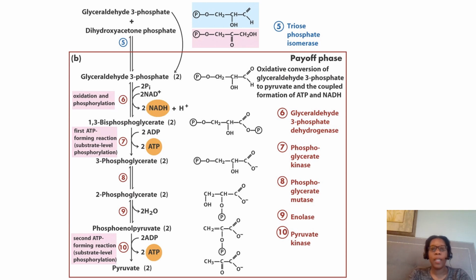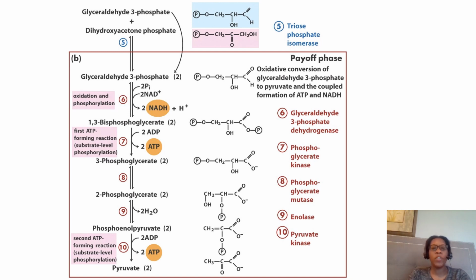The next enzyme that's utilized is phosphoglycerate mutase. We're just mutating the 3-phosphoglycerate to 2-phosphoglycerate. So now we have 2 molecules of 2-phosphoglycerate. In the next reaction, we utilize enolase to get rid of a water molecule and create phosphoenolpyruvate, usually called PEP.